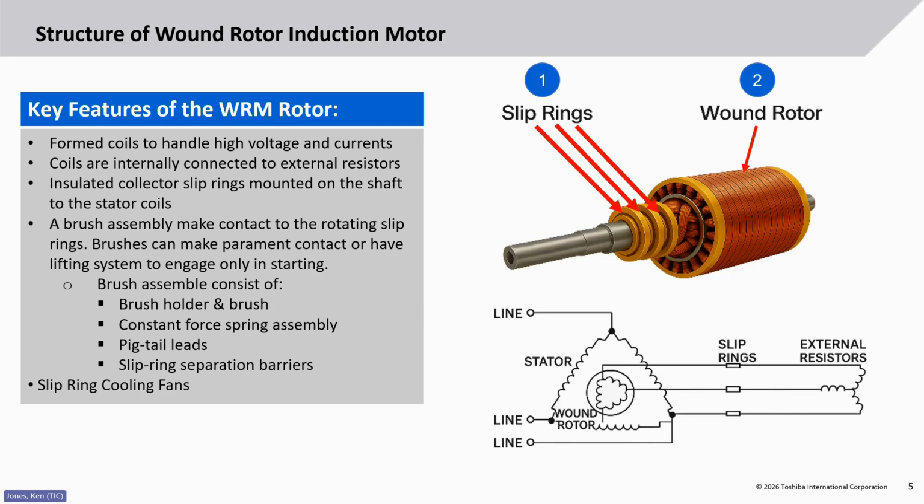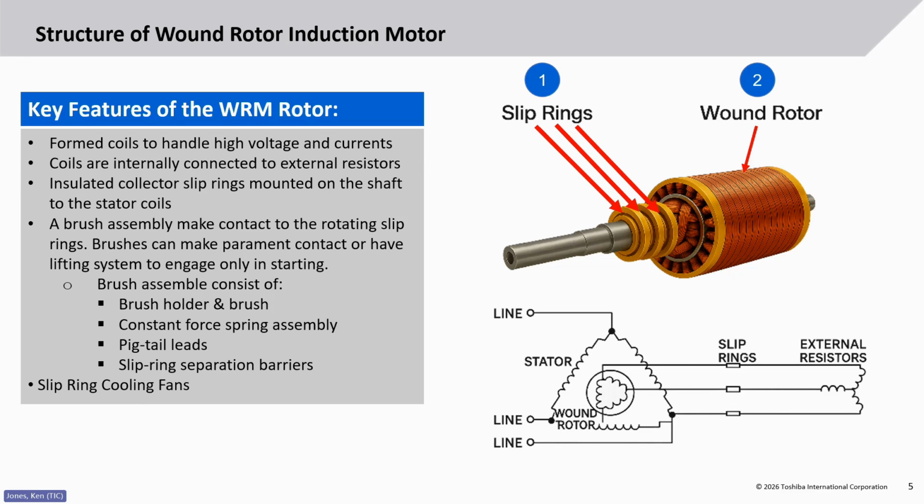The key features are that the wound rotor, much like a three-phase induction machine, has some real benefits with regards to its slip ring configuration. An example: when you're looking at a 4,500 horsepower wound rotor machine, 4, 6, or 8 pole design, you're passing a fair amount of current and voltage through those resistors, and you can see as much as 3,000 volts on a 4,500 horsepower machine.